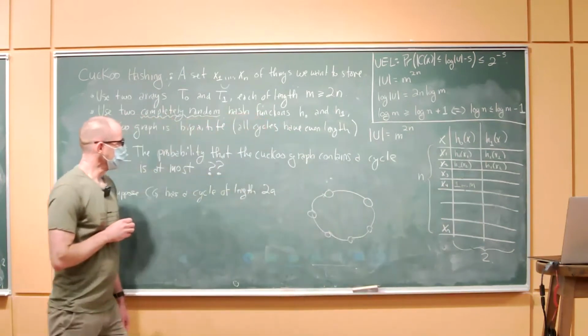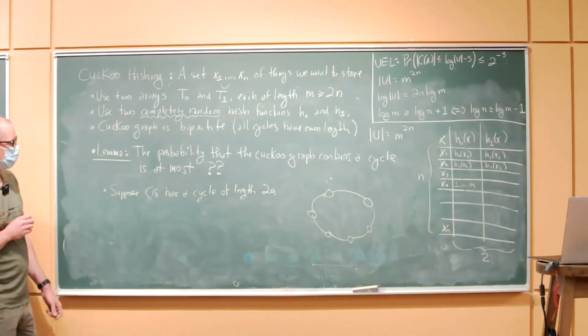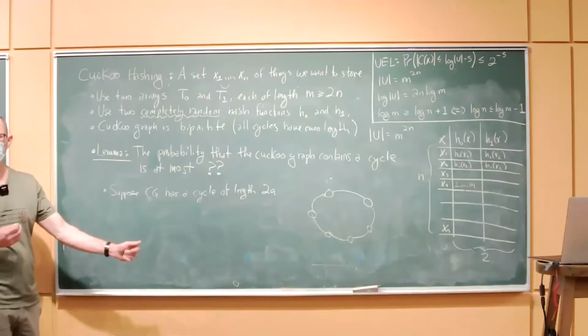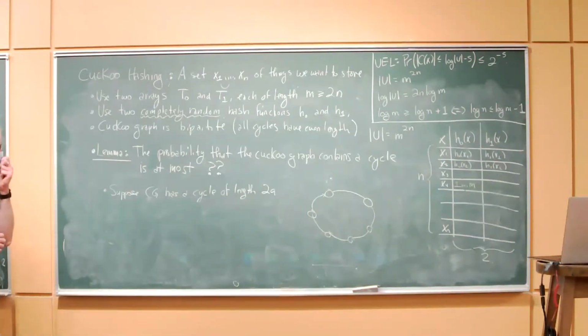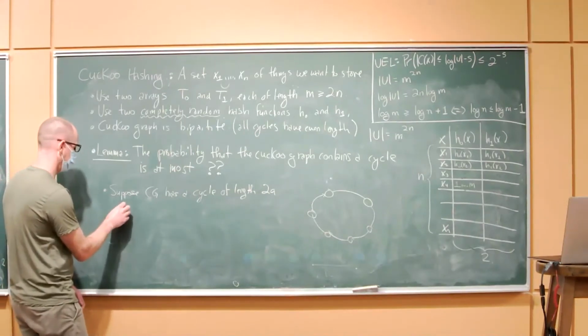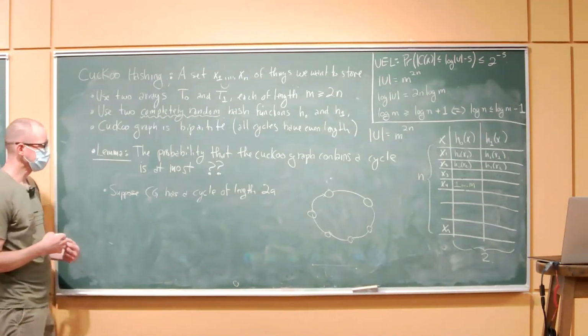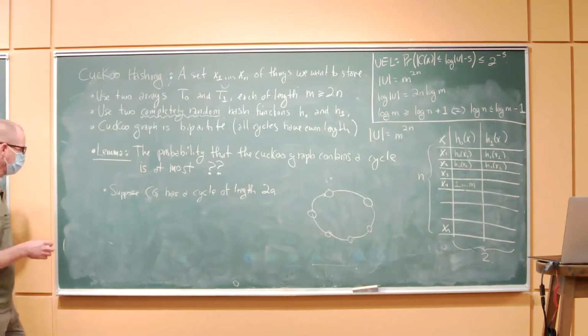So for example, there's a cycle of length 2 times 3 that might show up in our Cuckoo graph. All right. So I would like to somehow use this to make an efficient encoding. So here's what the code is going to look like for this Cuckoo graph.